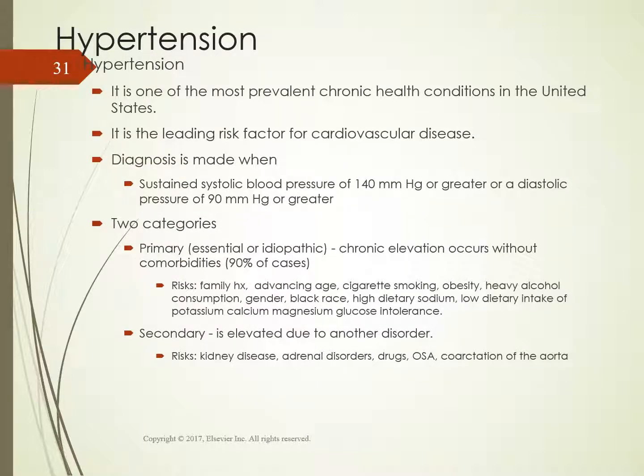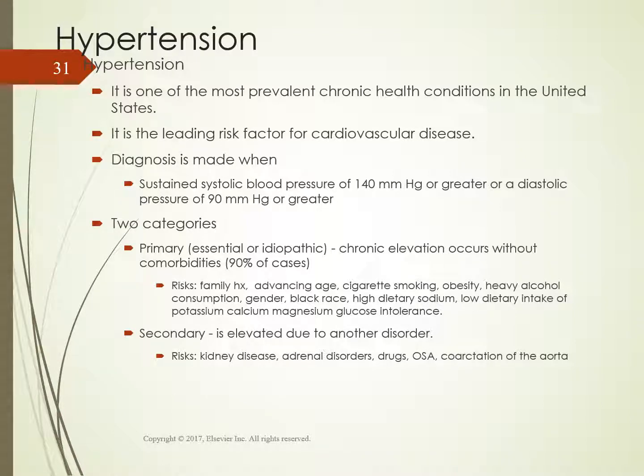So when we're talking about hypertension, this affects 70 million Americans. It leads to coronary artery disease, myocardial infarctions, heart failure, and stroke. So why in hypertension does the heart have to work harder than normal to pump the blood to all the parts of the body? It's in part due to the vasoconstriction that increases afterload.